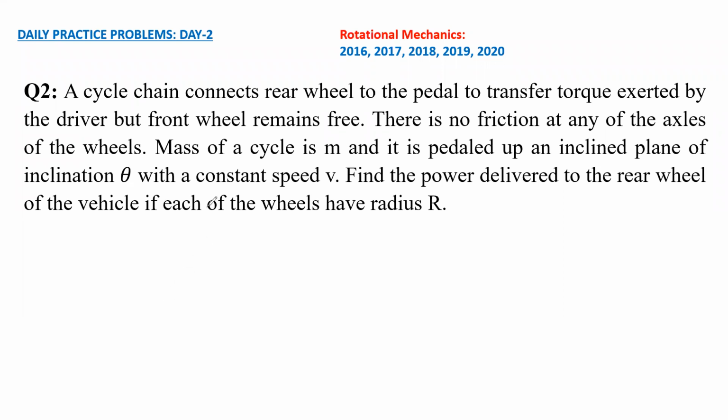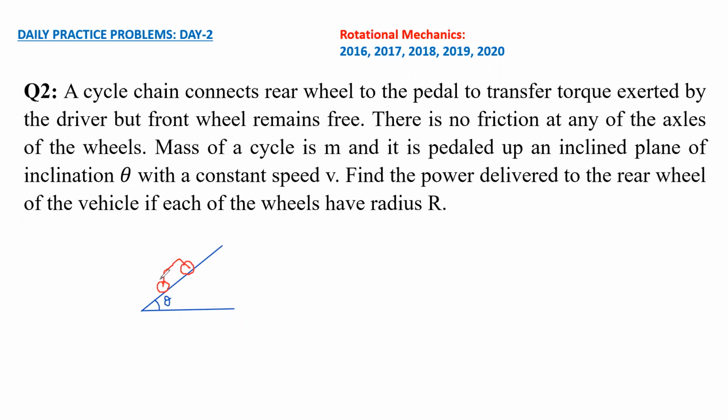So let me draw a simple inclined plane and the cycle. So this is the inclined plane of inclination theta, and we have a cycle. So you just need to draw the two wheels of the cycle and the chassis.